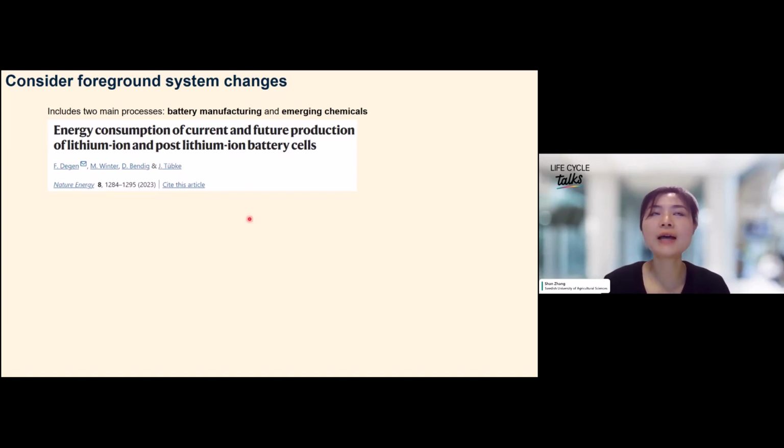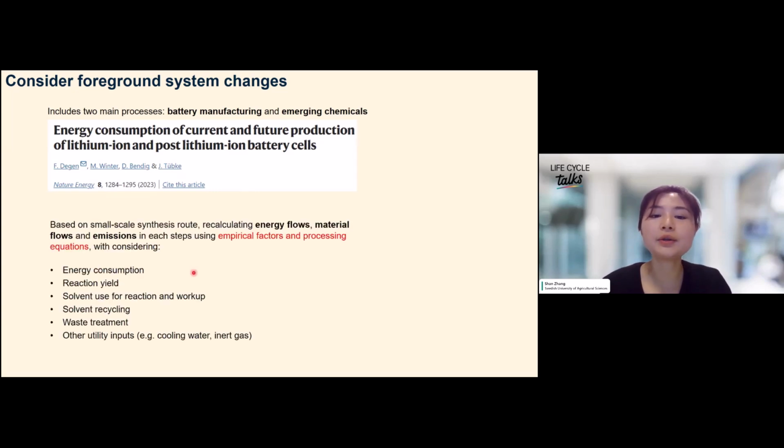As for estimating the material inventory for the future novel chemicals, simulation tools like Aspen can be used, but it's very time-consuming and also requires relevant skills.